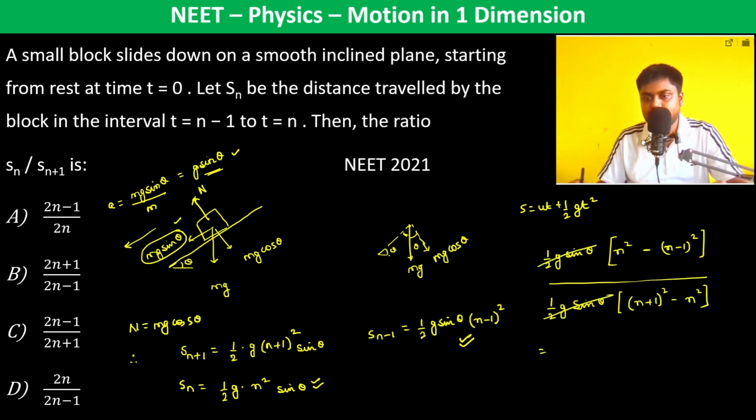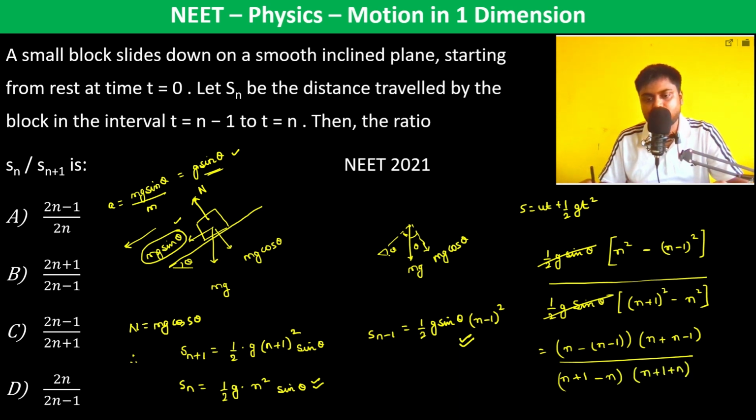So therefore it becomes n minus n minus 1 into n plus n minus 1 divided by n plus 1 minus n into n plus 1 plus n.